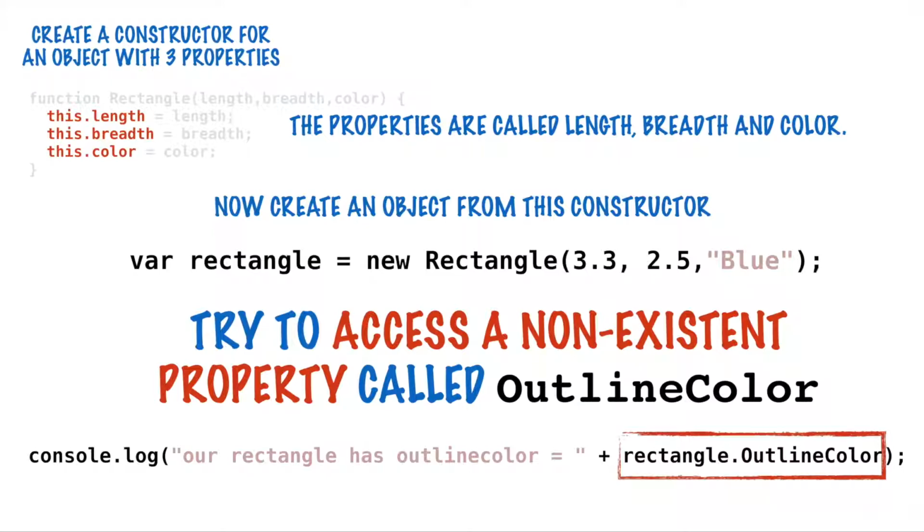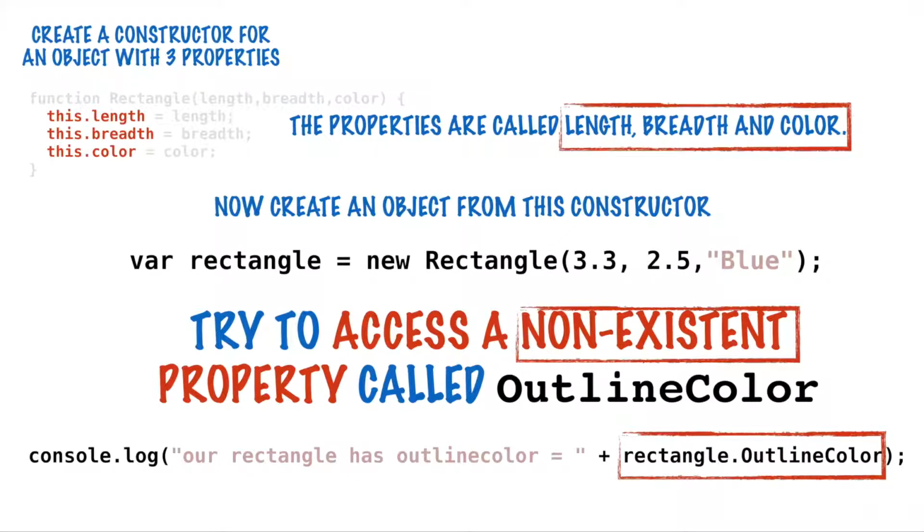This property has not been defined, it does not exist, and we try to access it. It's non-existent. What do you think will happen? Just a thing to note, the only properties which are valid and defined for this object so far are length, breadth, and color. Outline color is not one amongst these defined properties. Outline color does not exist.